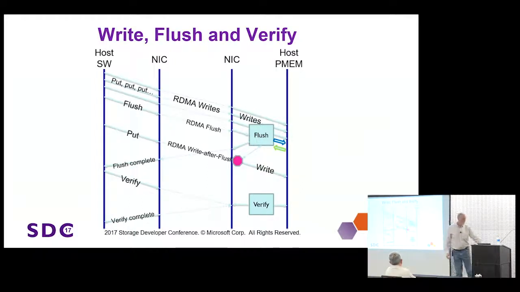But one might consider merging it with the flush. You could say flush and verify, which is, after all, what the SNIA NVMP API does. So you could consider two operations on the wire or one operation on the wire. But the verify, ideally, would have no pipeline bubble after the flush complete.